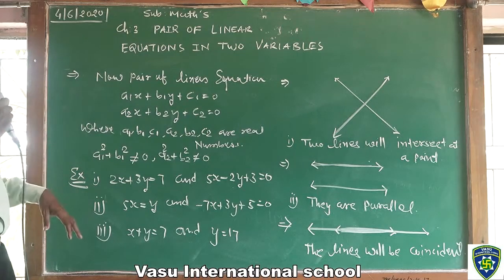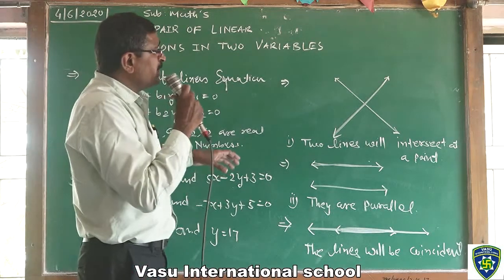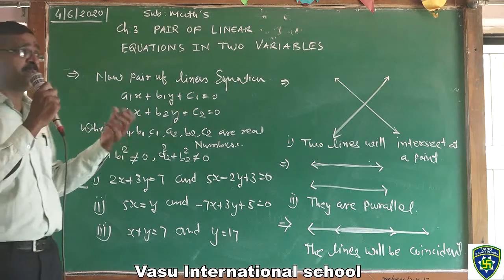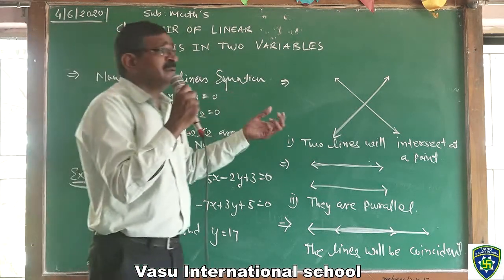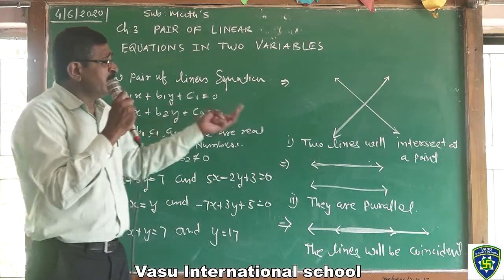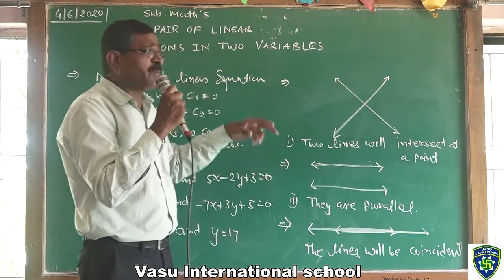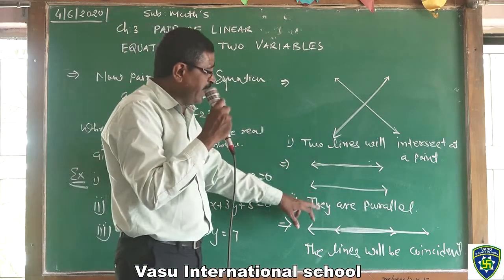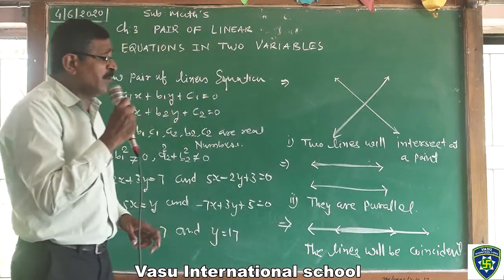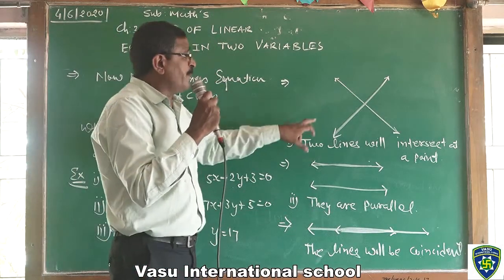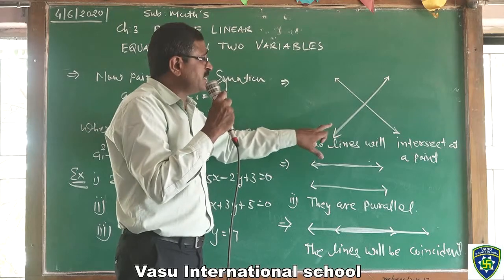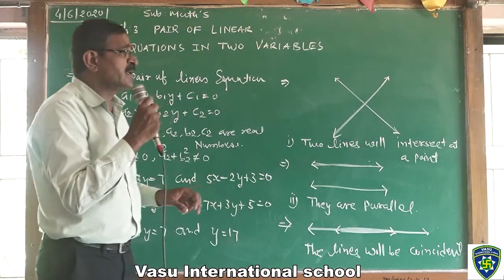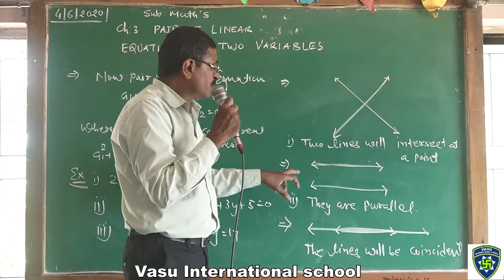In earlier standards, we studied the graph of a linear equation. For the graph of a pair of linear equations, we have three options: the lines are intersecting, parallel, or coincident. Clear? If the graph of the linear equations is intersecting, the two lines intersect at a point, so they have a unique solution.